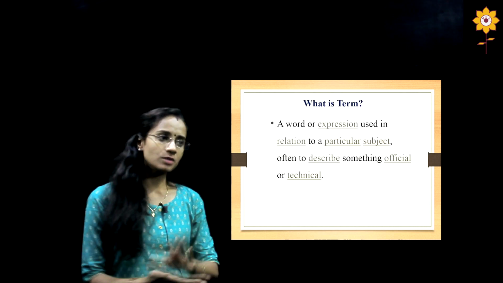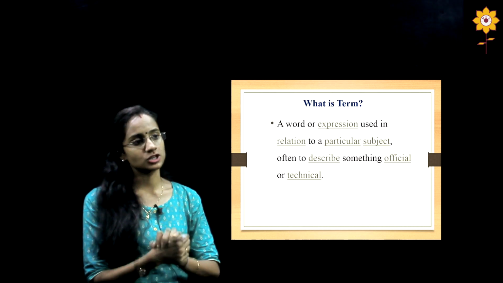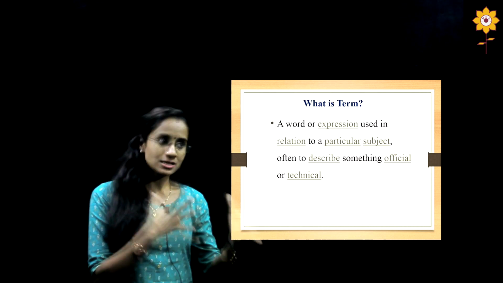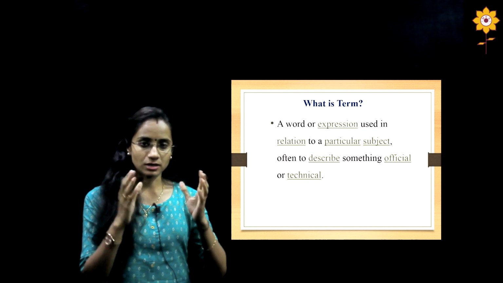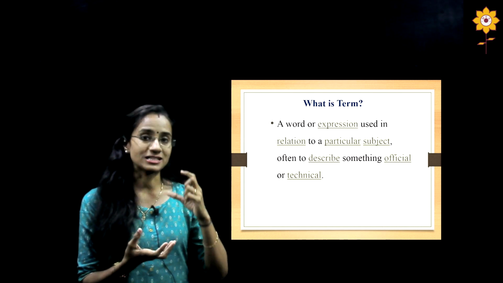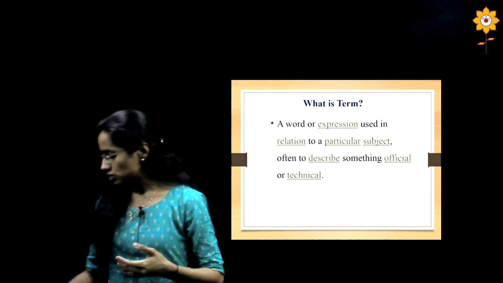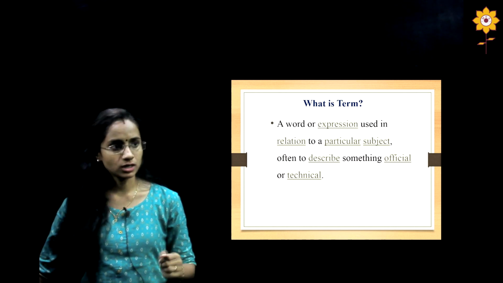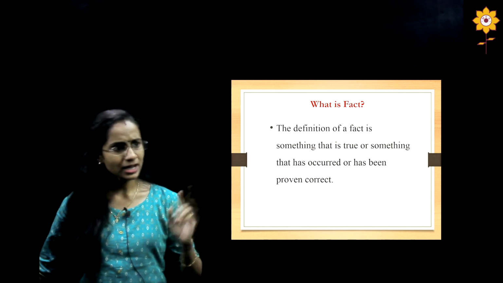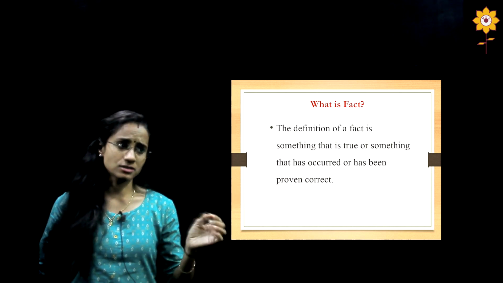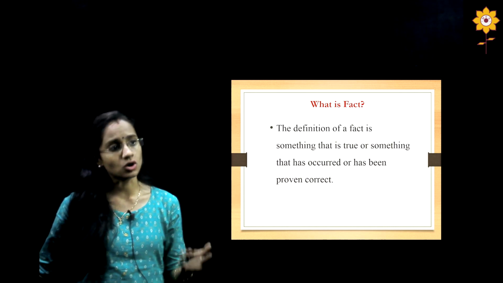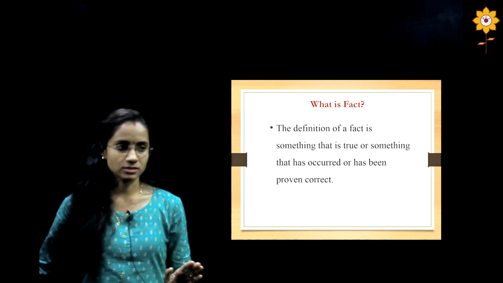And what is a term? A term is a word or expression used in relation to a particular subject. In a lesson there will be some specific terms used. It is often used to describe something official or technical in that particular subject. And a fact is something that is true or something that has occurred or has been proven correct.